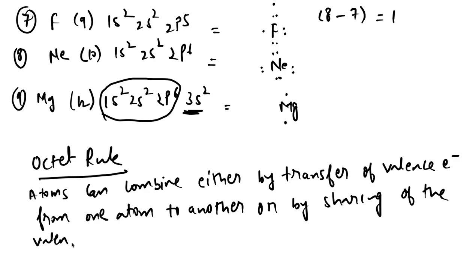We are again and again talking about the valence electron. Why? Because it does not consider the inner electrons, it only talks about the valence electron.